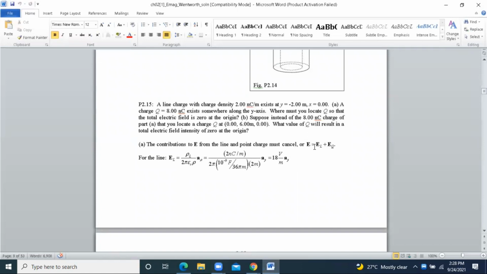So E equals EL plus EQ, where EQ is that due to the point charge. EL is rho L over 2 pi epsilon naught rho, a rho.